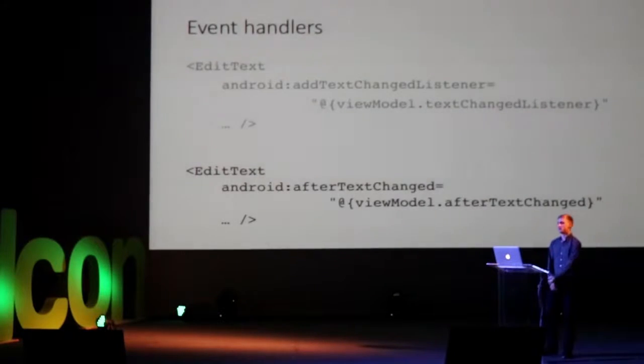This specific one was added by the data binding team themselves to make things easier for us. It's very nice. You can just use afterTextChanged, and then you only need to implement that one method rather than a TextWatcher with three methods. So that's cool.